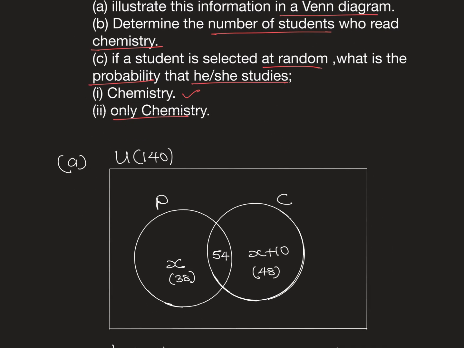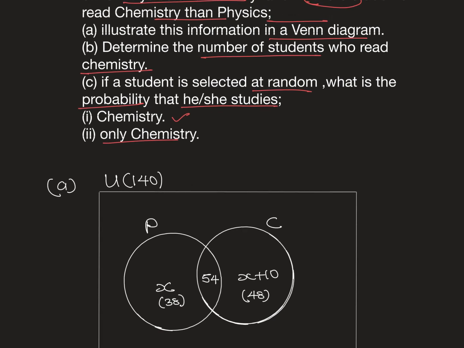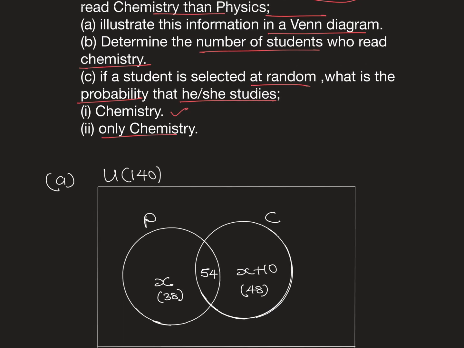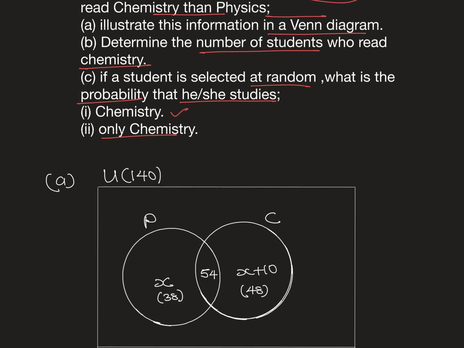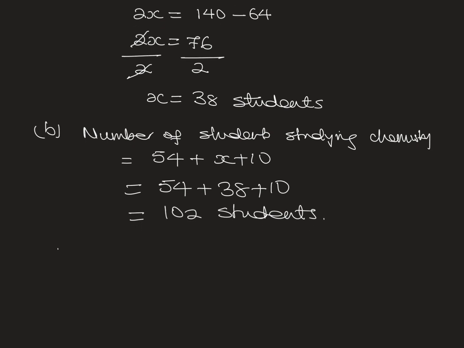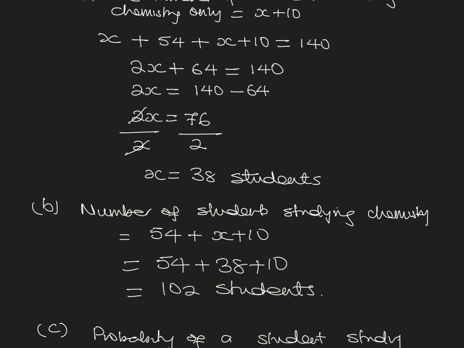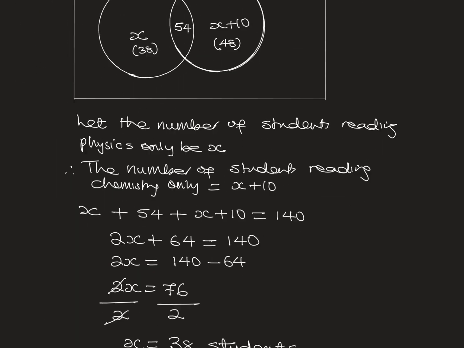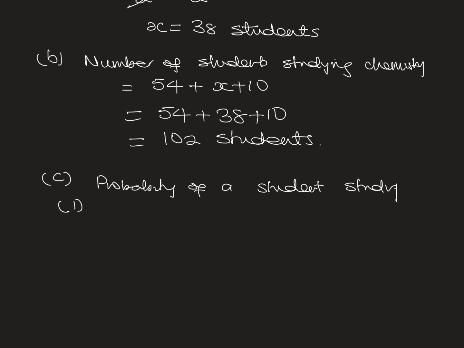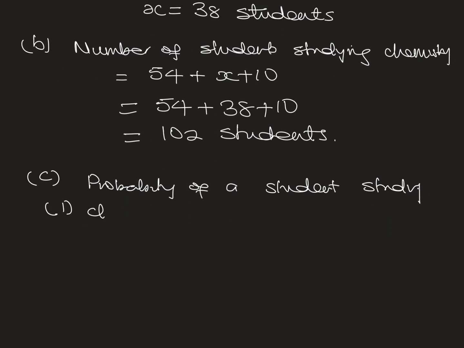C, it says if a student is selected at random, what is the probability that he studies chemistry? And 2, only chemistry. So C, probability of a student studying chemistry is what?